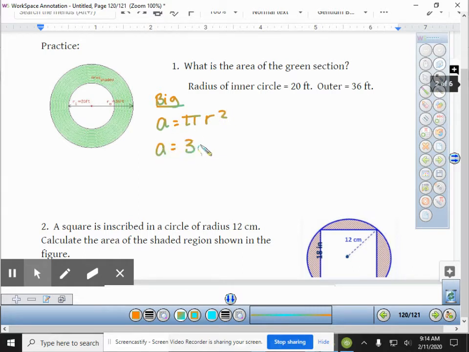What is the radius of the big one? 36. So for the big one, 36 squared. It's too big. How are you going to do that if you don't have a calculator? You write it down. 36 times 36.